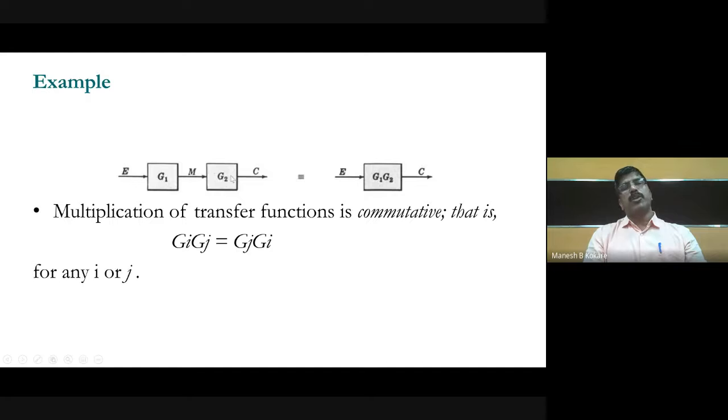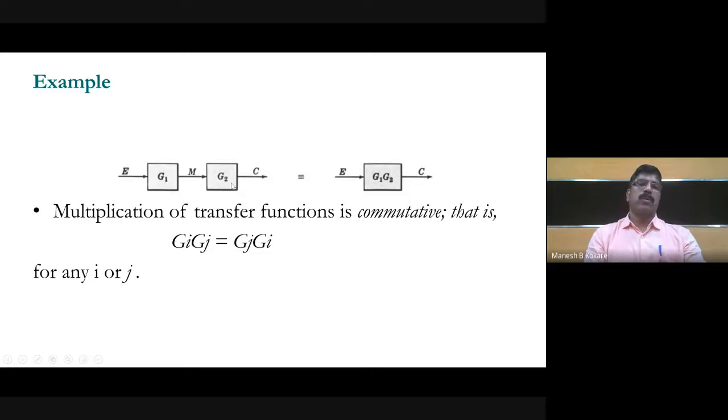So M G1 G2 will be the output C. So if two blocks are connected in cascade, then the equivalent will be G1 G2, and the transfer function will be the same: E into G1 G2.